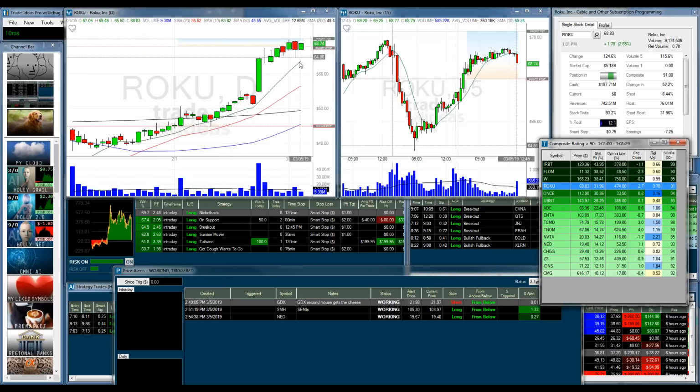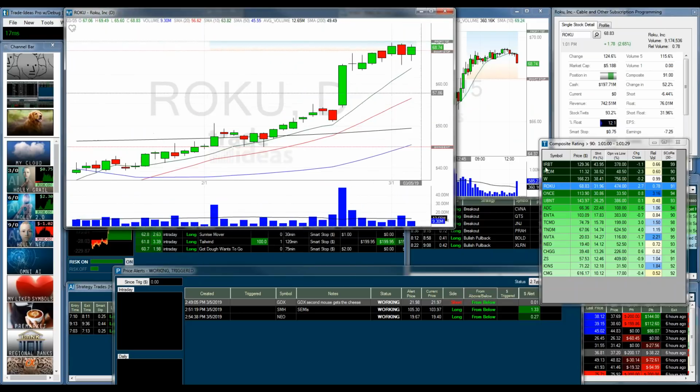All right, so what I'm thinking here is it's a little underbaked. It's a little ripe still, meaning it would be nice to maybe see another candle come back and touch that moving average for confirmation, but then the trigger will definitely have to be the new highs. So what we got here is Roku defying all odds. A big short float, 31%.